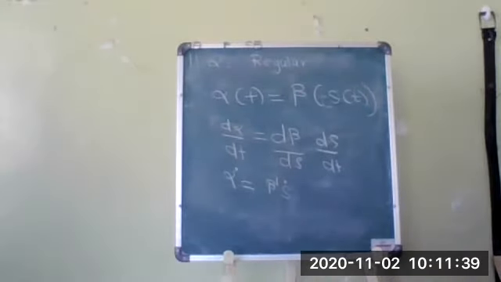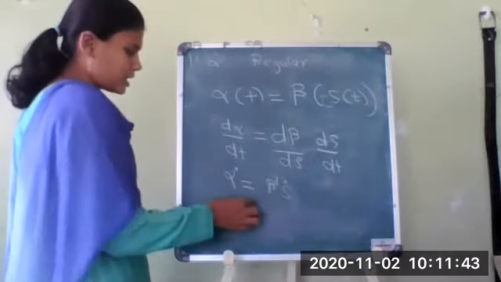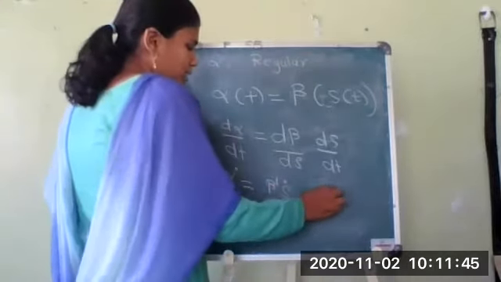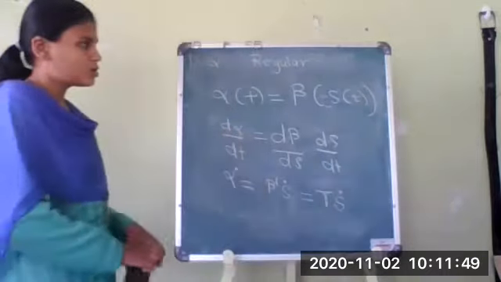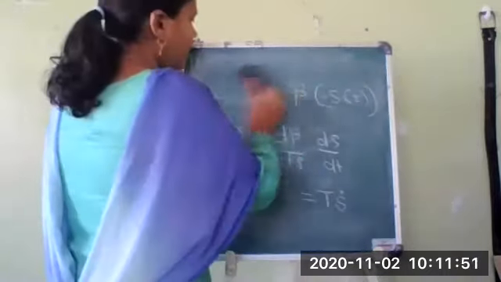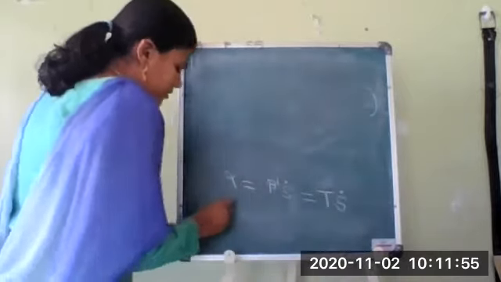Now if you remember, the value of beta dash is nothing but your tangent T into s dot. Those who remember, while finding a unit speed reparameterization, what was the value of s?